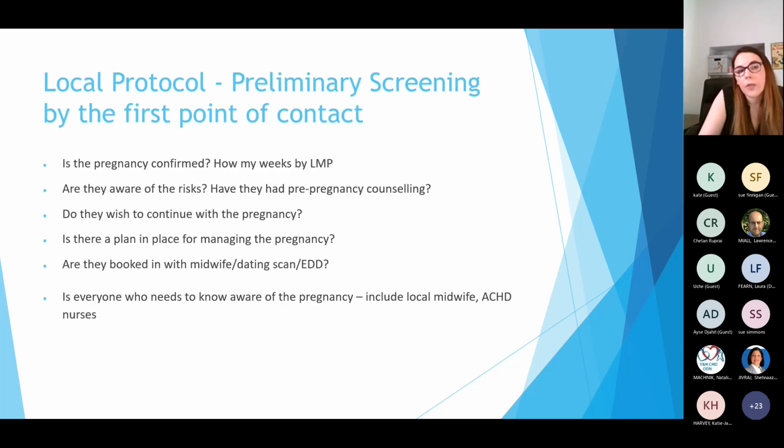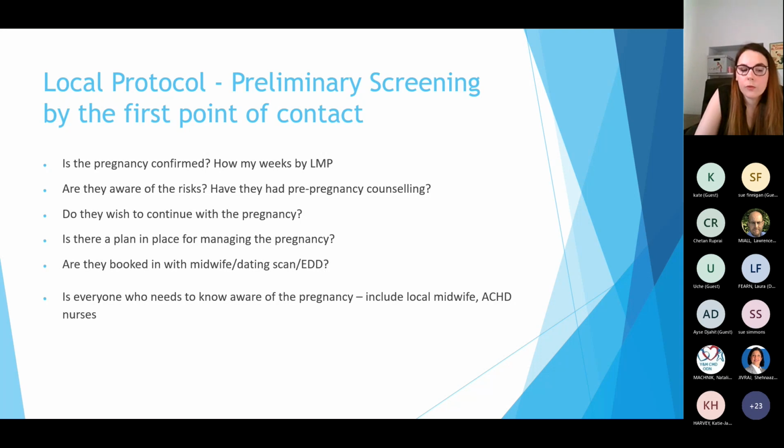Now, locally, the first point of contact is either a local midwife, sometimes a GP, or our ACHD specialist nurses. No matter who the first point of contact is, the preliminary screening would be the same, obviously inquiring as to the LMP, ensuring the pregnancy is confirmed, and whether they wish to continue with the pregnancy.